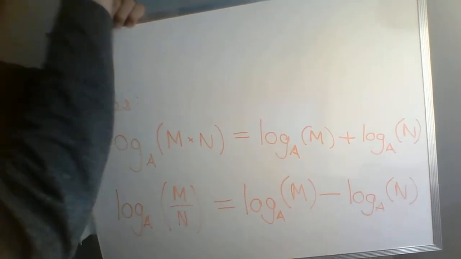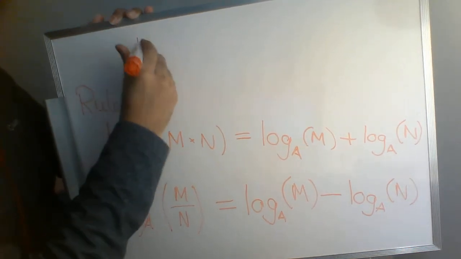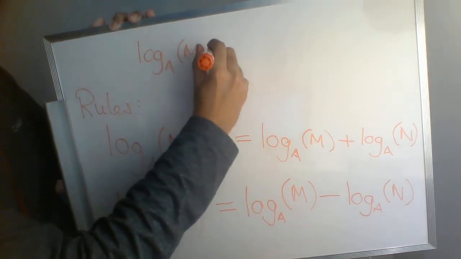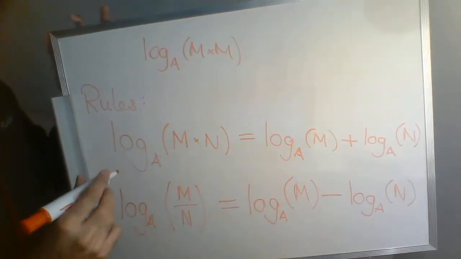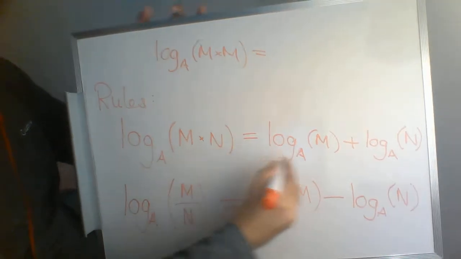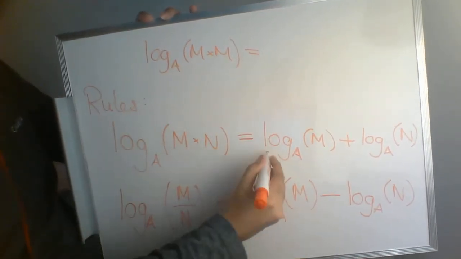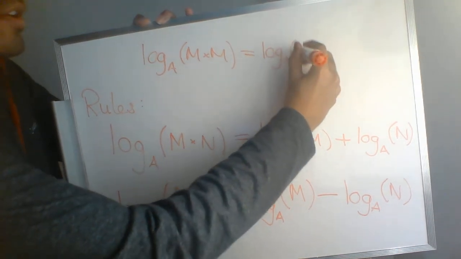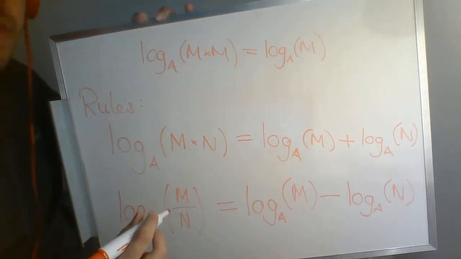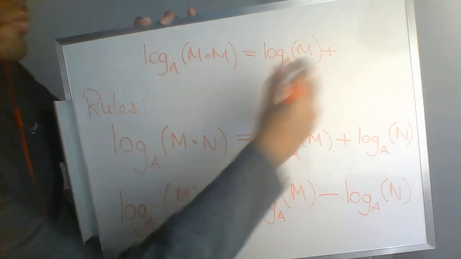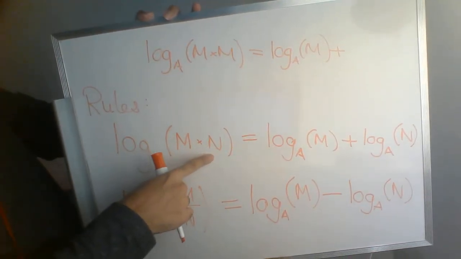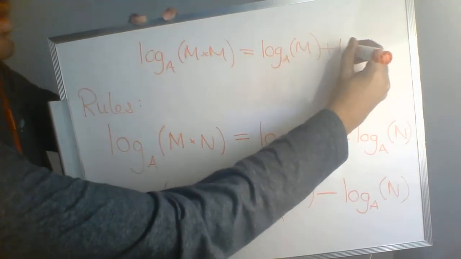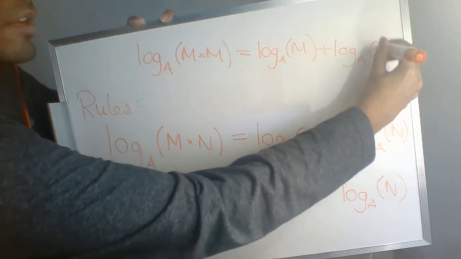But if they're the same thing, then we would have something like log base a of m times m, right? Which is the same thing as, well, the first term is m, so it'll be log base a of m, no problems there, plus, and here's the thing, all I've done now is change that n into another m, so I'm going to have a second term that's log base a of m.